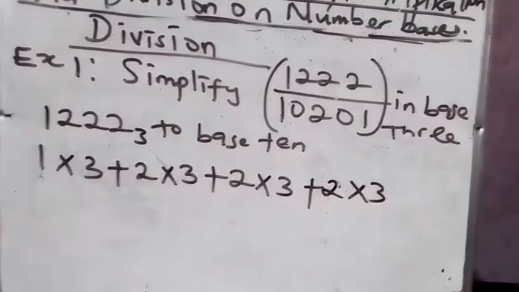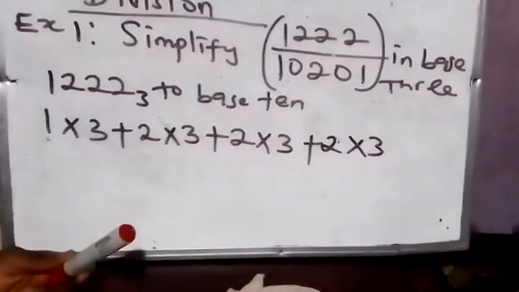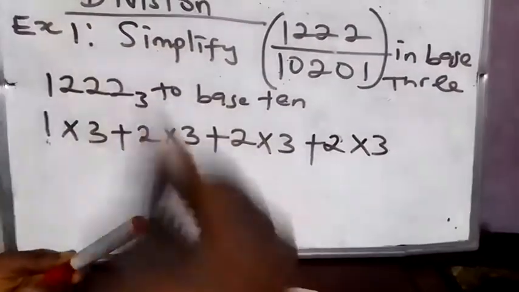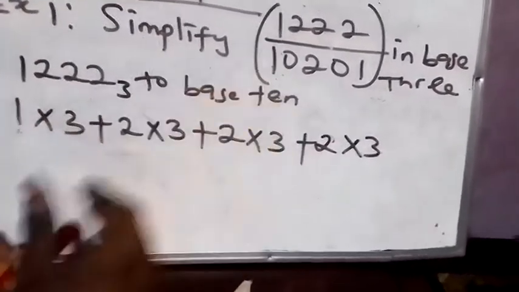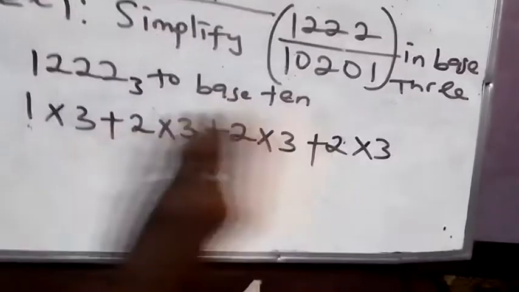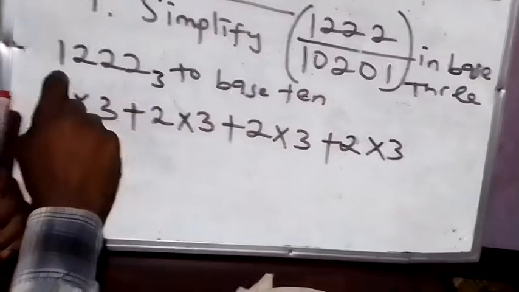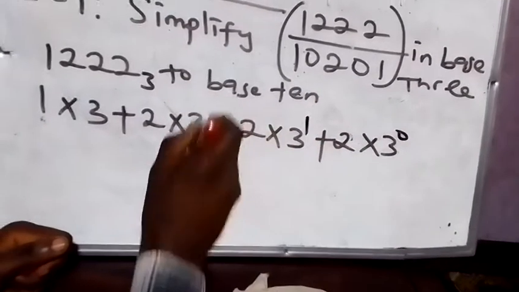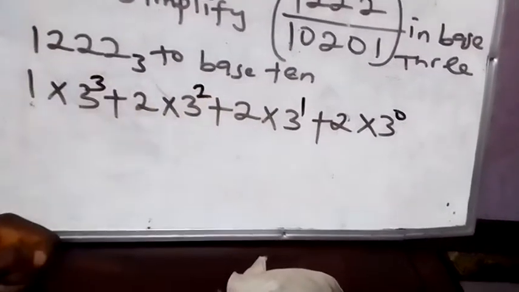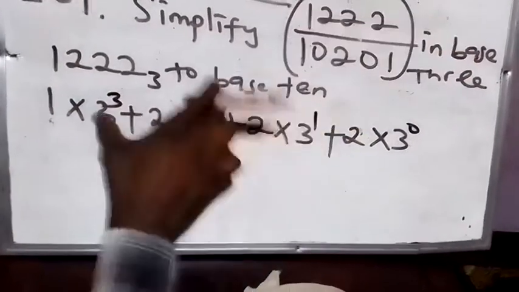Actually, there are teachings that we are still going to be doing later, to explain how to convert between different bases, like base 10 to base 2. So we multiply everything by 3, with powers 0, 1, 2, 3. That's the first thing. The numerator you convert to base 10.